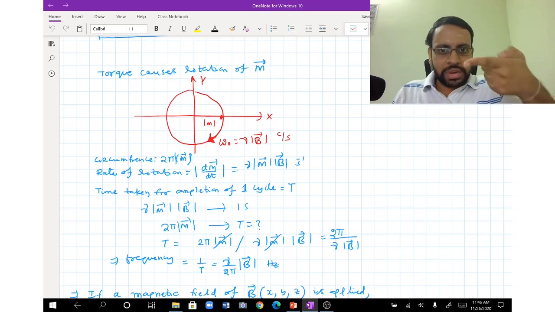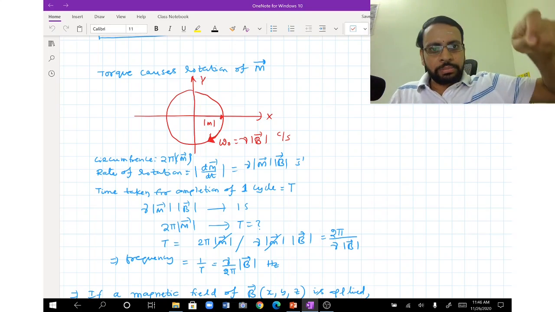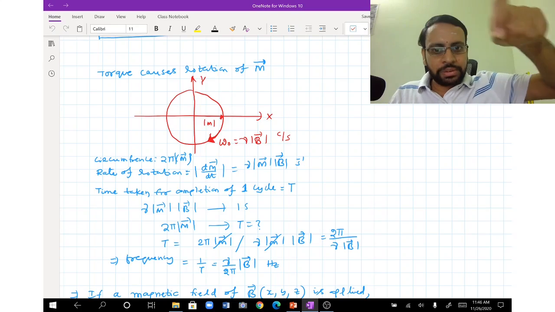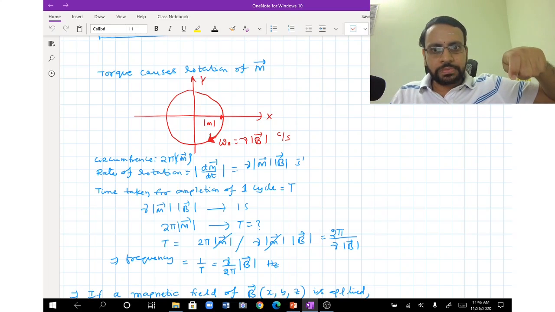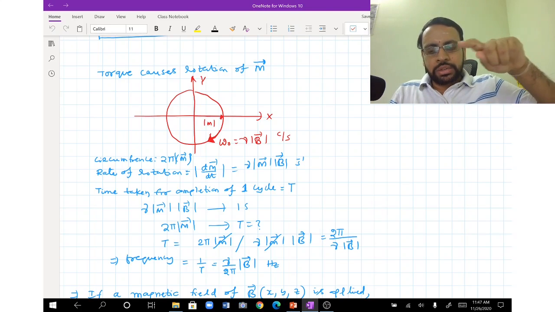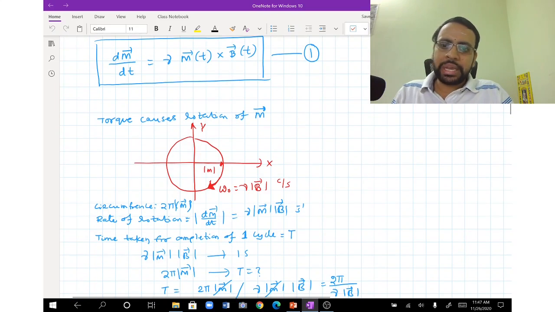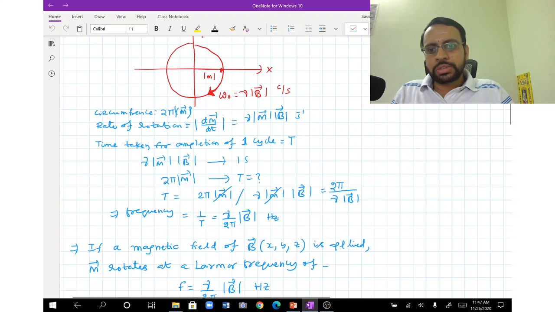So it's of length M bar here, right? It's going to rotate over a length of 2 pi M. That's the circumference, because it's rotating with the same length, we are assuming that. And then what else do you know? The rate at which it is rotating, dM bar by dt, you know it. So per second, let's say this is what it is rotating.